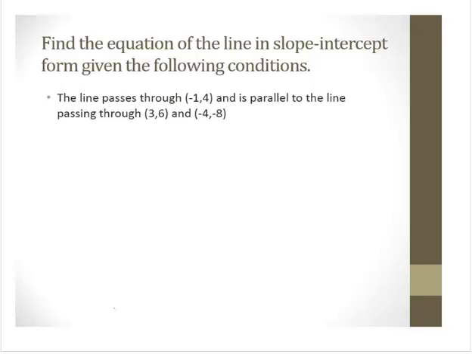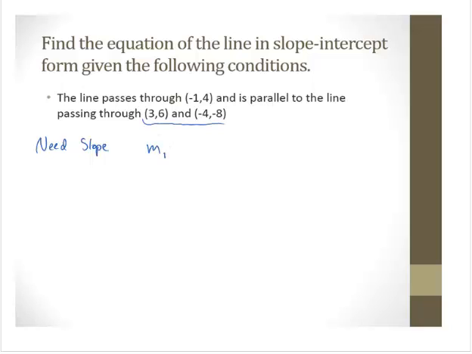So the first thing I need to do is find the slope. I need a slope. Well, the line is parallel to the line passing through those two points. So if I find the slope of that line, the slope of the line I want is the same.